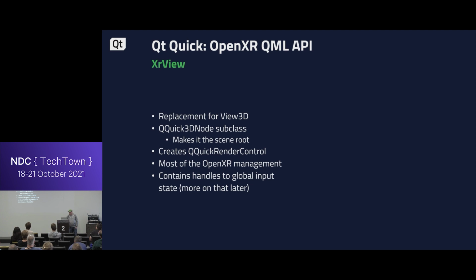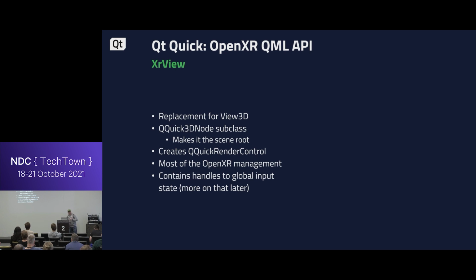So now what I wanted to do was, instead of that example where we had a window, have a VR view that's the top level view for the scene. Because we're using OpenXR, I call it XR view, and this would replace the View3D and the window.